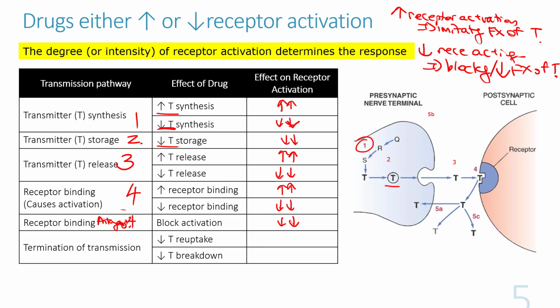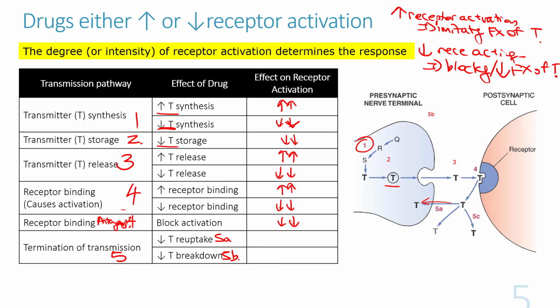Okay. Now, step 5 is termination of transmission activation. This is step 5A, and this is step 5B. So one of the ways that neurotransmitter action is terminated is if it goes back in there.